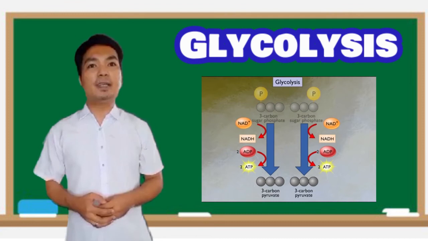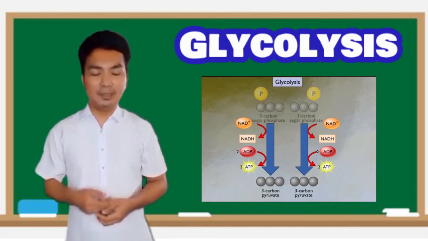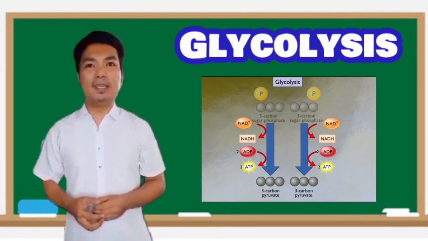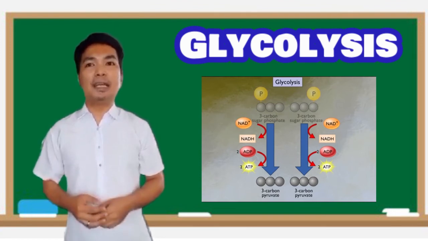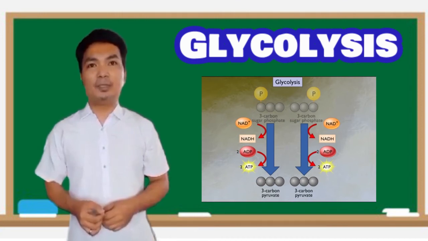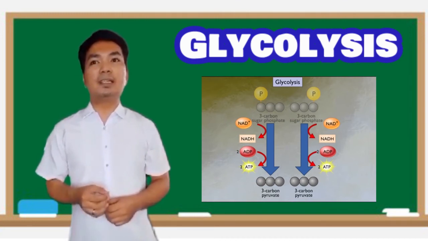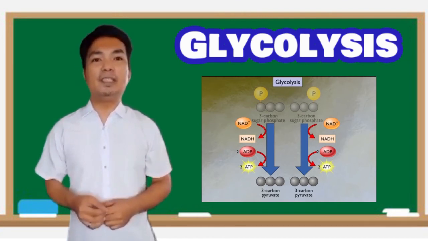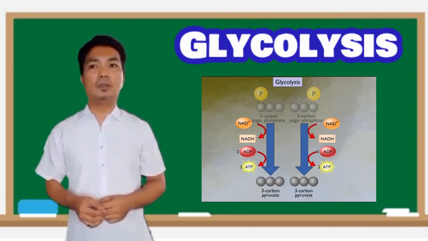Some high-energy electrons are released from glucose during this stage, making 2 NADH. So recall from the last lesson that NADH is a high-energy electron carrier. We will use these electrons later in the stage of electron transport chain to generate even more adenosine triphosphate or ATP.